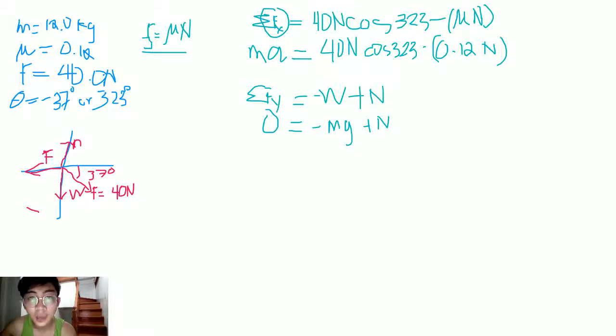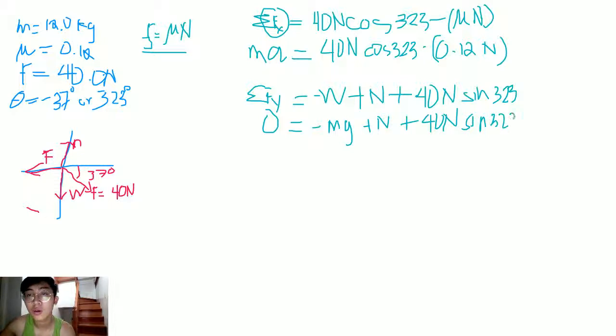So, I almost forgot pala dito sa ating equation. Meron pa tayong isang force which is yung 40N na may angle. So, ang force na to is magiging sine 323. So, plus 40N sine 323.